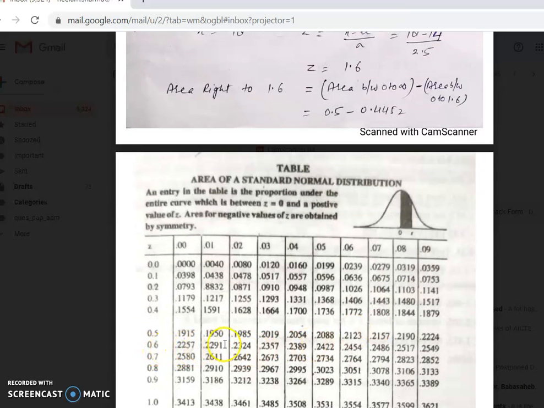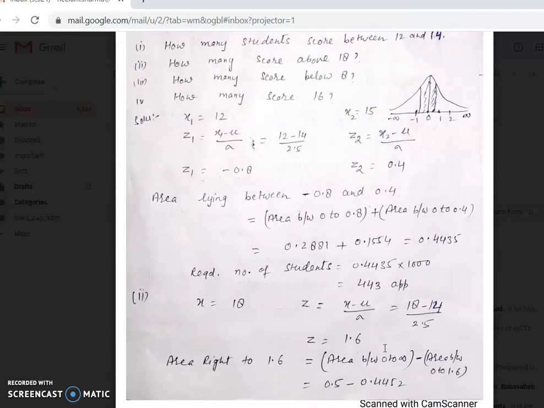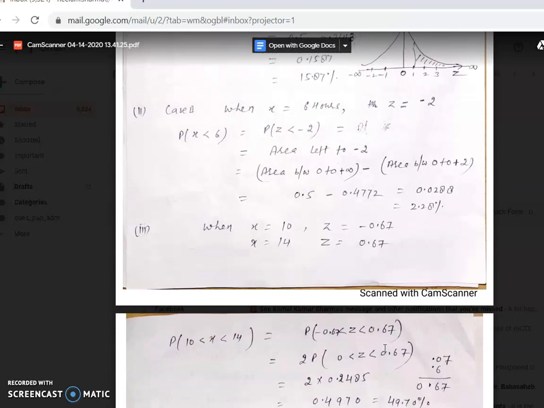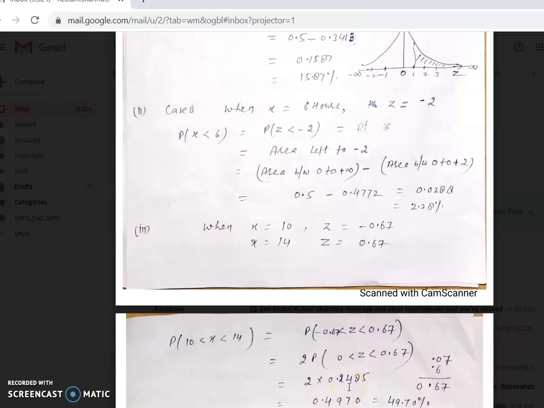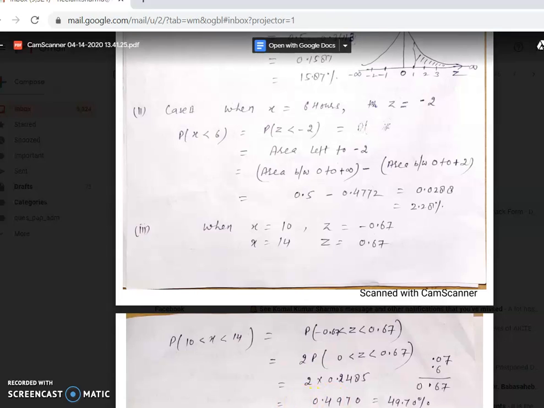Therefore, the value of z from 0 to 0.67 is 0.2486. We are using 0.2486 here. Then the value is 0.4972. This is 49.72%.